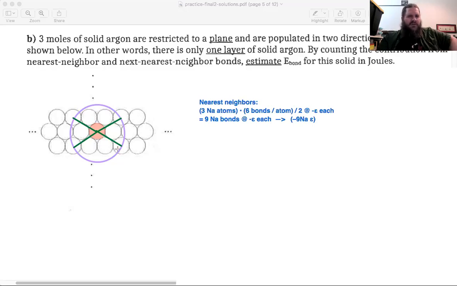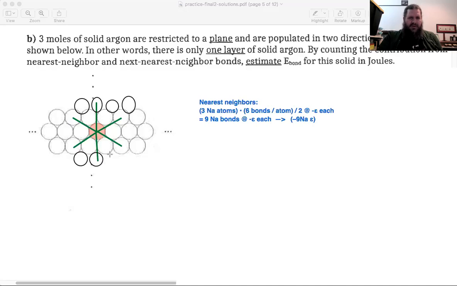Are there any others not shown on this diagram that are that same distance? Yeah, one on top and one on the bottom. Notice that to get to the second nearest neighbors, we're basically shooting straight through the middle of 2 nearest neighbors. We should expect one up here and one down here. Even though they're not explicitly shown on the diagram, this keeps going, so there are more atoms up here and more atoms down below as well.